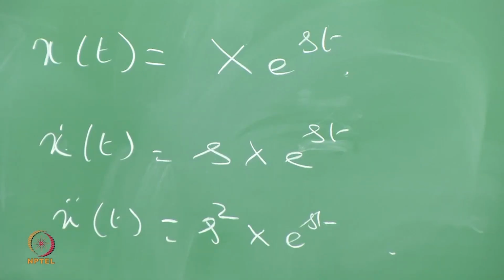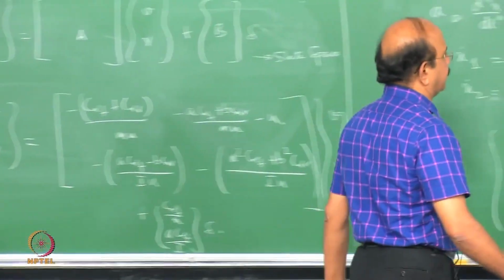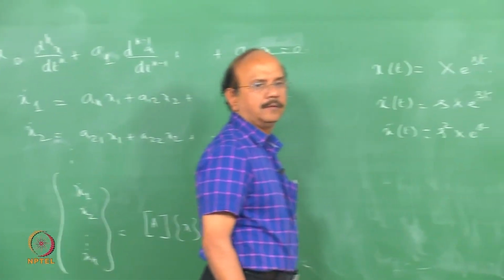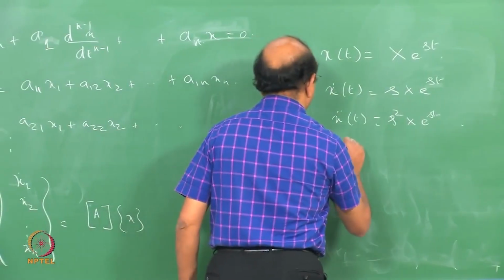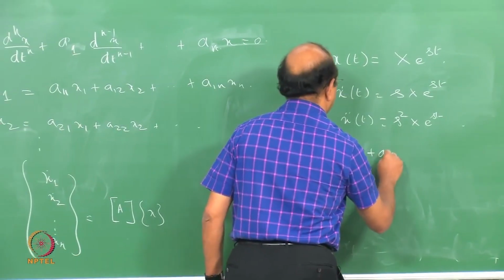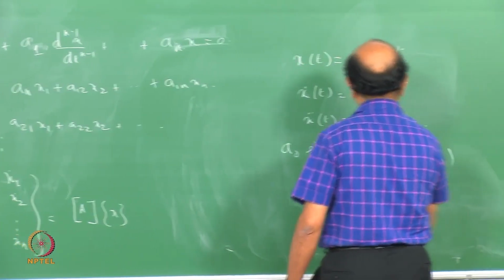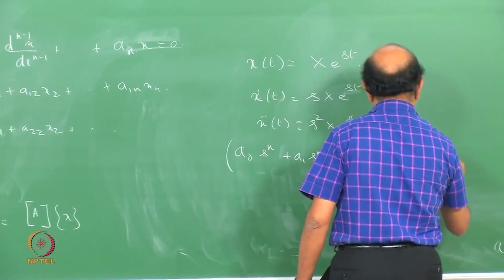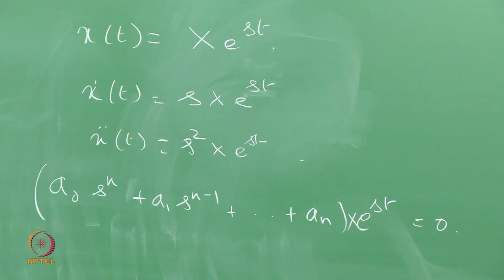Substituting that into the governing equation, what is it that you get? (a0 s power n plus a1 s power n minus 1 plus so on plus an) X e power st is equal to 0, right?